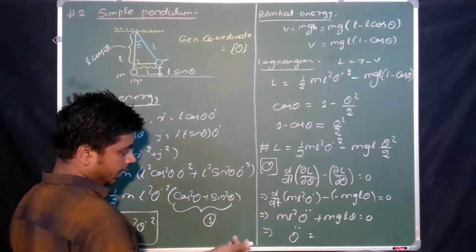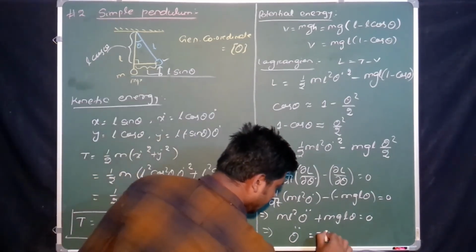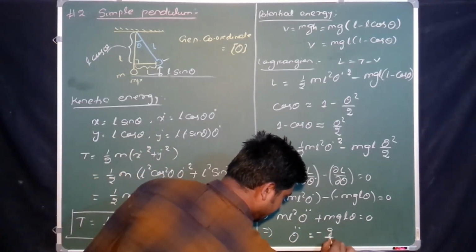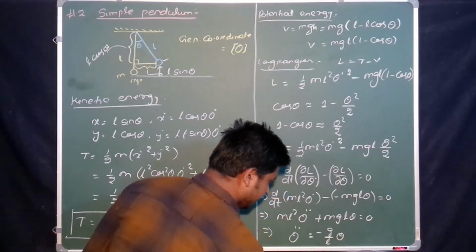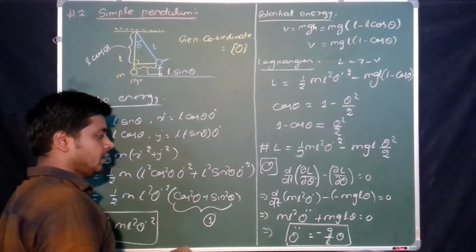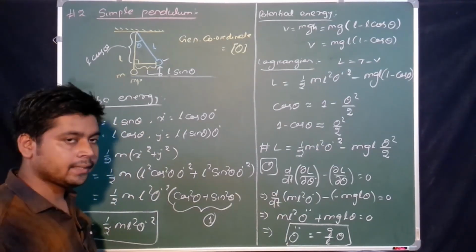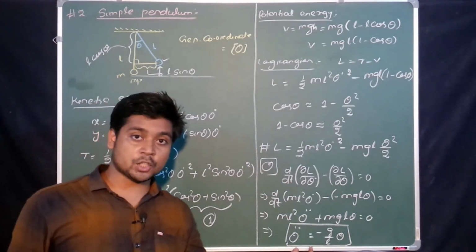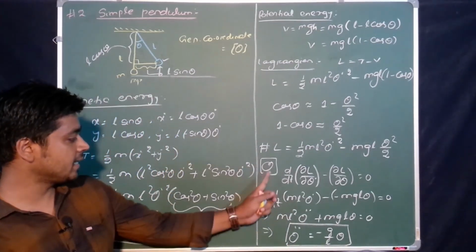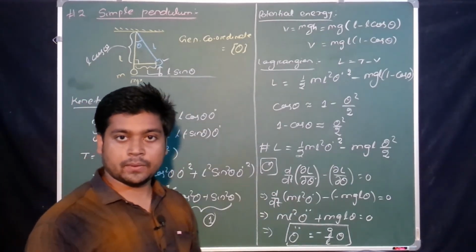Cancel L, that is minus g by L theta. Theta double dot equal to minus g by L theta. Okay, this is our Lagrangian equation of motion for the generalized coordinate theta in the simple pendulum. Okay, and this is all about this lecture.